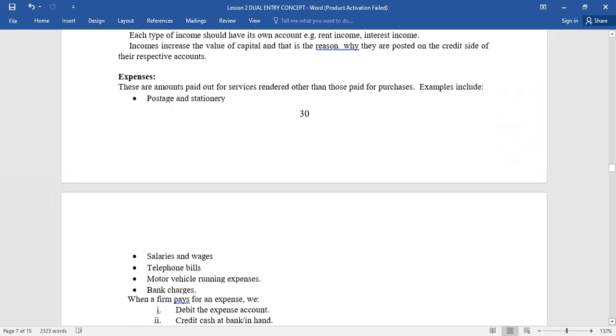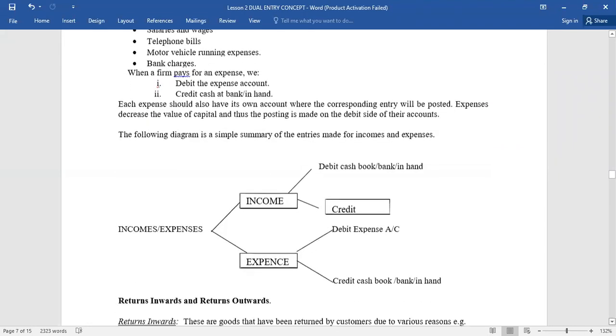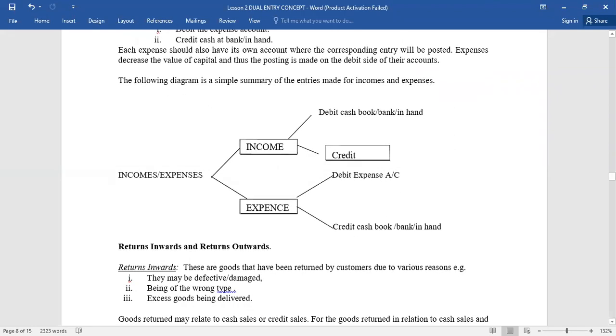In summary, this is what is happening for income and expenses. For income, you can see what is happening. They increase our cash. We debit the cash book or the bank account. We credit the income.